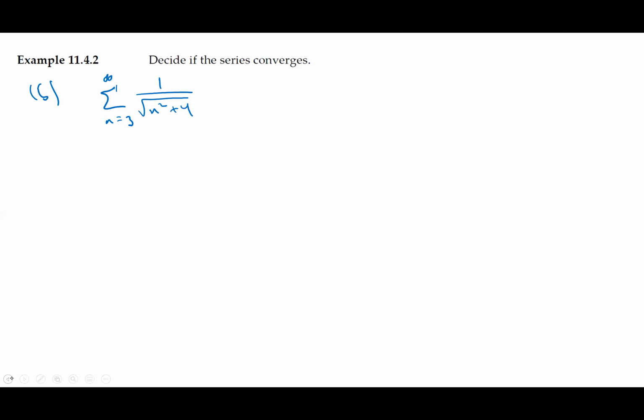So the sum from 3 to infinity of 1 over square root of n squared plus 4. Now you might pause it and ask yourself, what might be a good choice for bn? Well, come back.